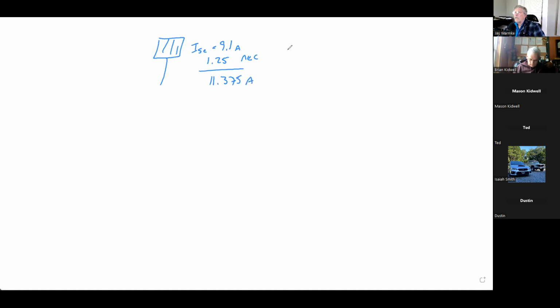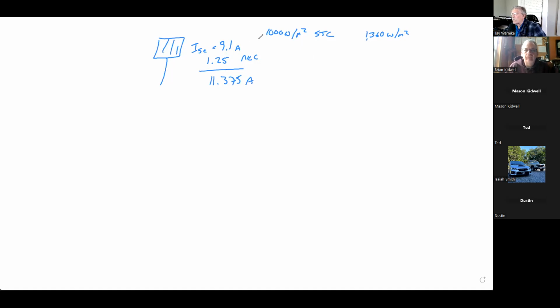But then, because solar is variable, and the reason we're saying that is this 9.1 was based on 1,000 watts per square meter at STC. And if you remember, at the outside edge of the atmosphere, it can be as much as 1360 or so watts per square meter. That's the solar constant.